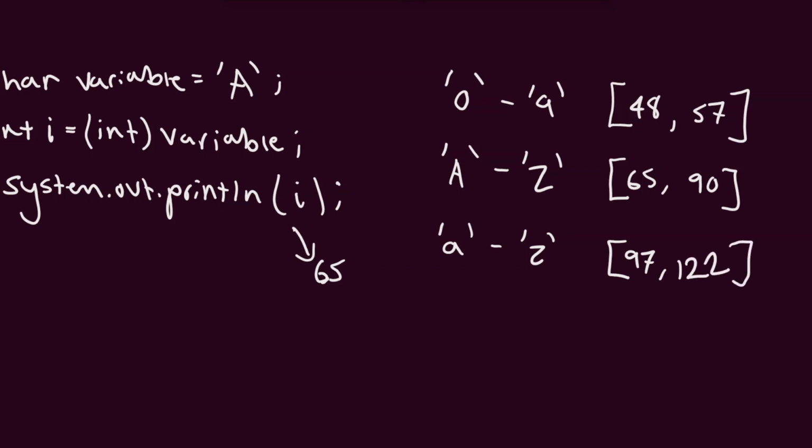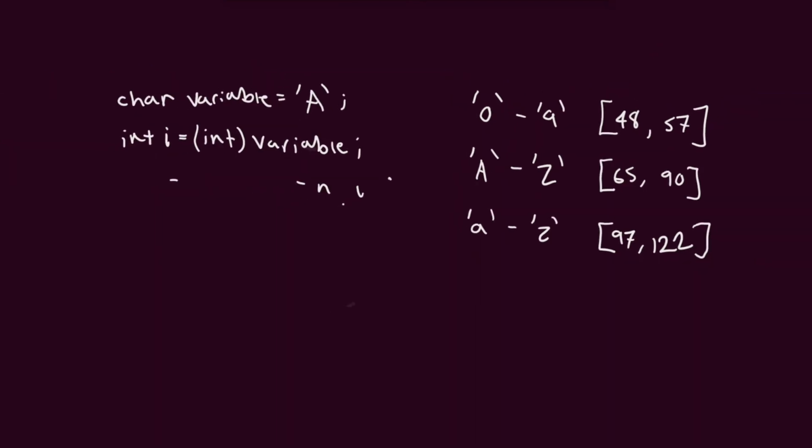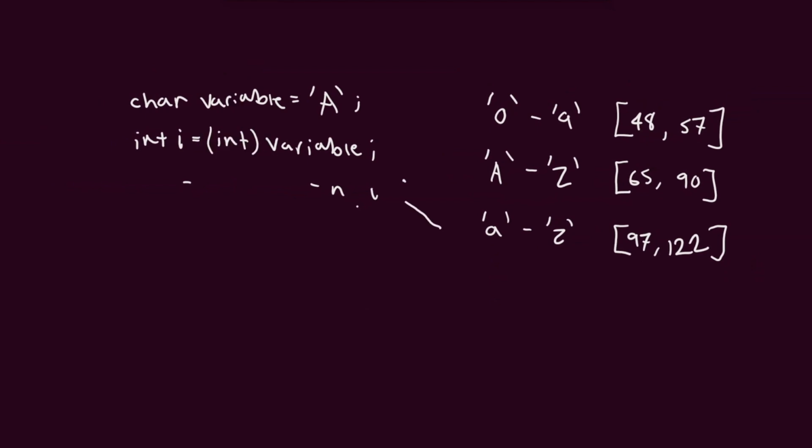Okay, so even though here we're working with numbers, they also have another hidden number behind them, and you can convert numbers into characters as well. So for example, hold on, let me get rid of all this.